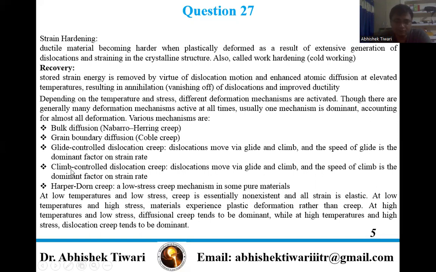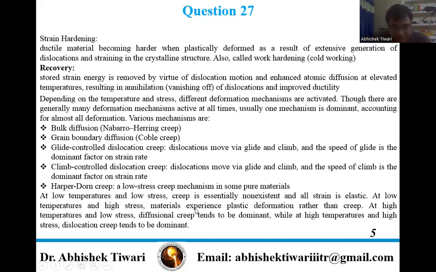Now, fourth is climb controlled dislocation creep. So dislocations move via glide and climb, and the speed of climb is the dominant factor on strain rate. Fifth is Harper-Dorn creep. This is a low stress creep mechanism in some pure materials.